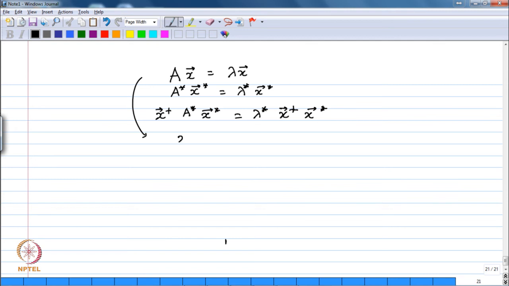So, what you will get is x dagger A dagger. Okay. So, the order changes, because when you take the transpose of a product, you get the product of transposes in the opposite order. Now, lambda is just a scalar. So, I can just write lambda star and x dagger.